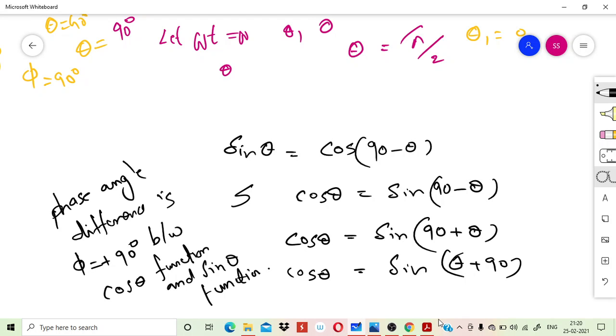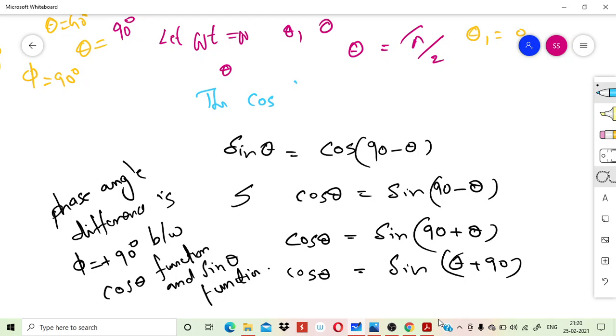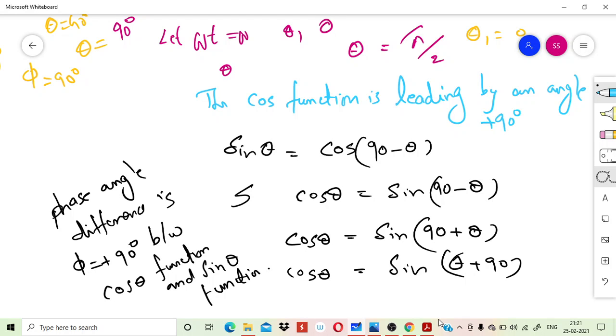That means this cos function is, in other words, we electrical engineers will say the cos function is leading by an angle of plus 90 degrees.